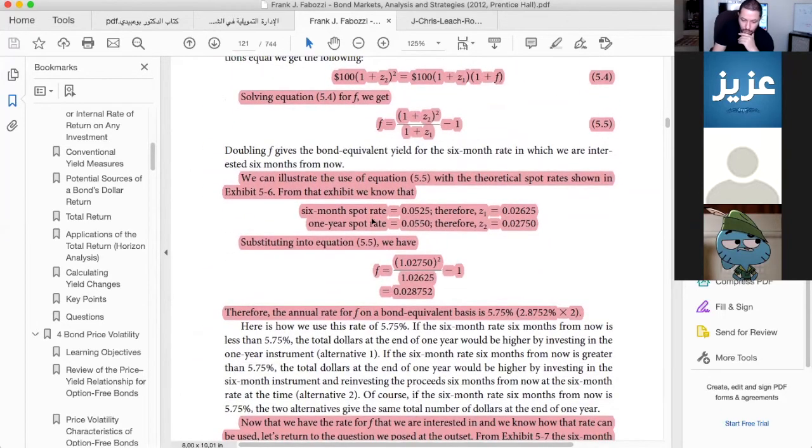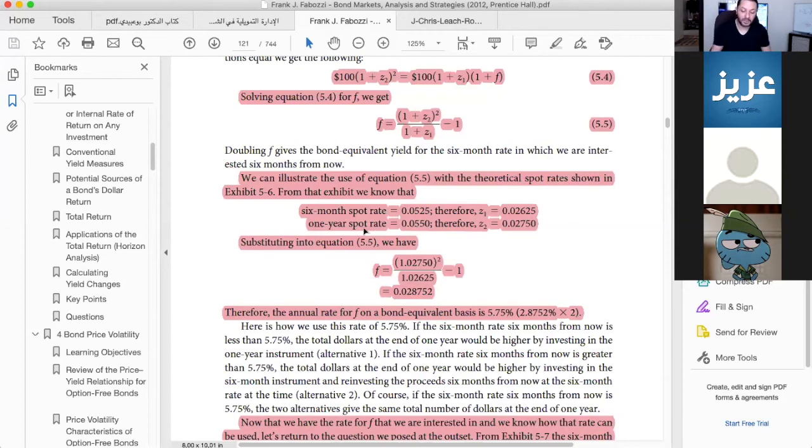See, for the 6 months spot rate, you are using the 5.25%. This is the annual rate, don't forget. And then we are paying semi-annual coupon, so we have to divide by 2 to get the Z1. So Z1 is 0.02625, which is 0.0525 divided by 2.